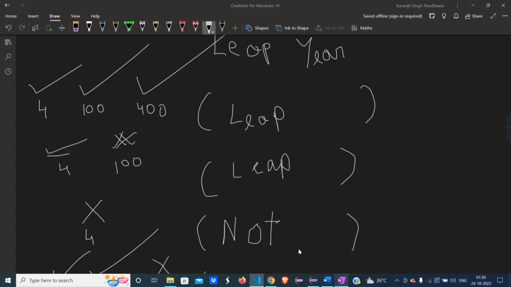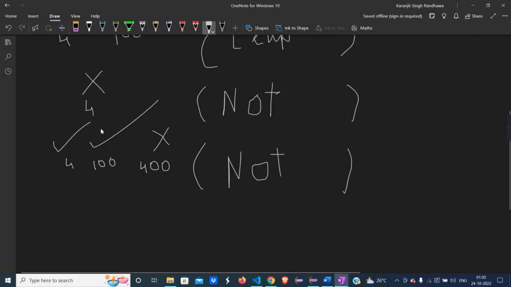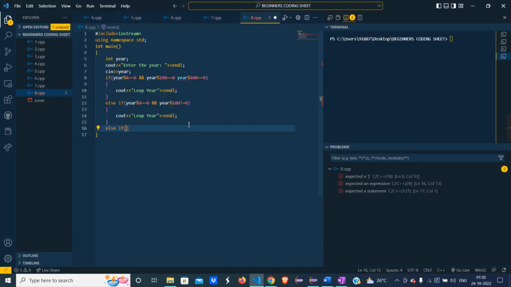The third condition, let's see what we have given. If it is single-handedly not divisible by 4, then it is not a leap year.